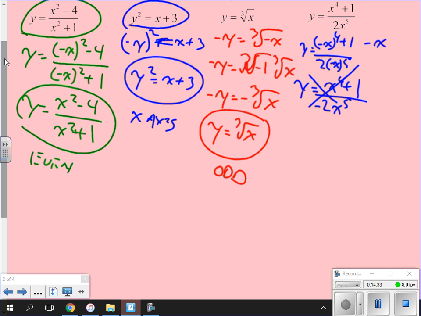Now, if I replace y with negative y, but don't change x, to see if it is, and I have to check myself on this, that was the x-axis one. I did that one backwards. Did you see what I did backwards? Did I screw up? Did anybody go, what is he doing? He's got it wrong?